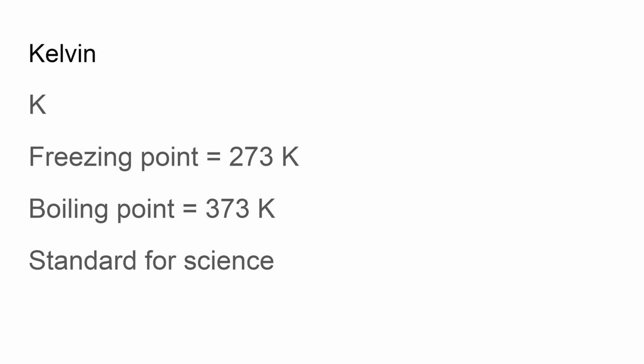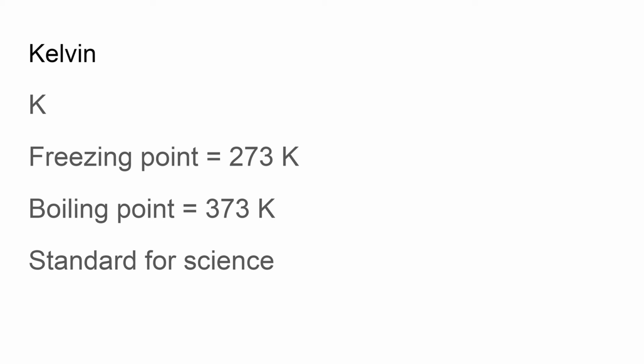Kelvin is the standard for science. This is what scientists use. So scientists in the United States, scientists in England, scientists in South Korea, doesn't matter where you are. If you're a scientist, you are using Kelvin. And notice that there is no degree sign in front of the K. That's because you don't say 0 degrees Kelvin.